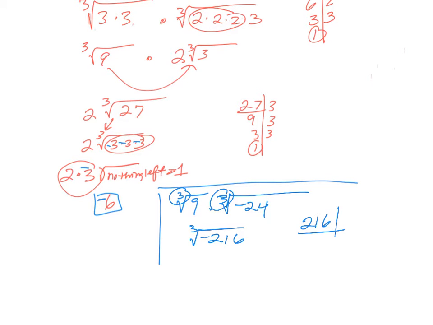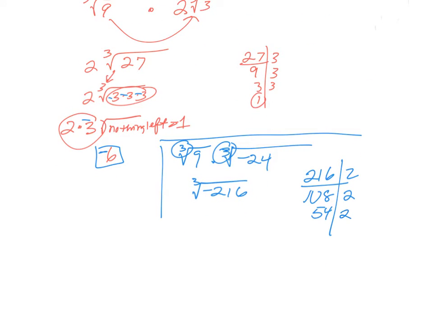We can break down 216. We can divide by 2 and we get 108. We can divide by 2 again and we get 54. We can divide by 2 again and get 27. Then we can divide by 3 and get 9, by 3 again and get 3, by 3 again and get 1.